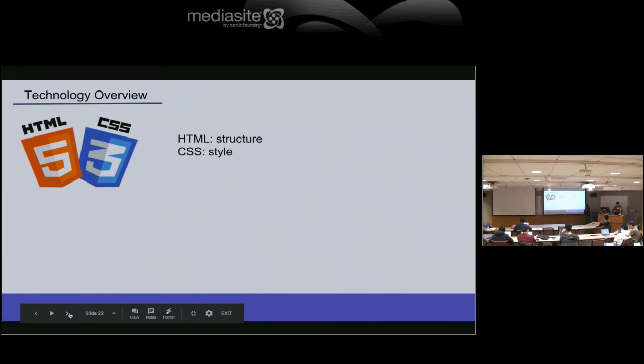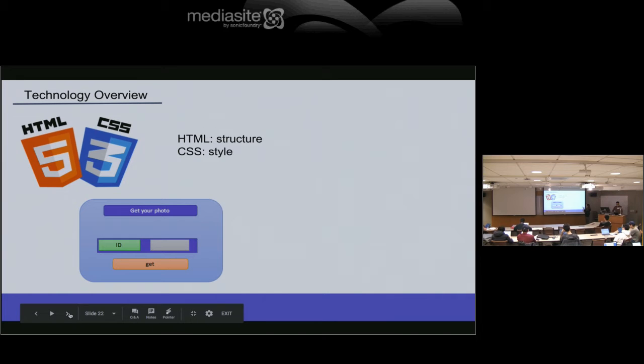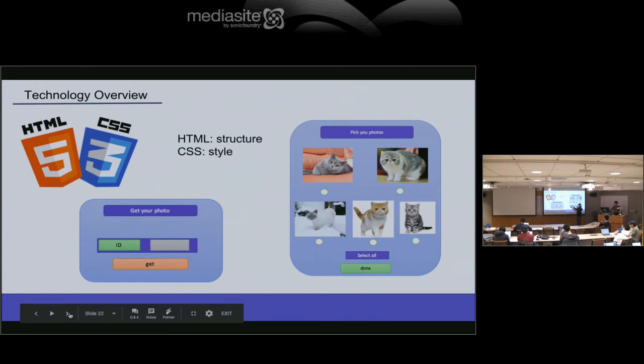The last one is about our client browser, and we want to use HTML and CSS, where HTML will work as structure and CSS as style. And we want to first have this kind of web page called "Get your photo," and the client will have to input their ID in this input box and press the get button, and we will retrieve the data in our database and show all the pictures related to the ID and present them here.